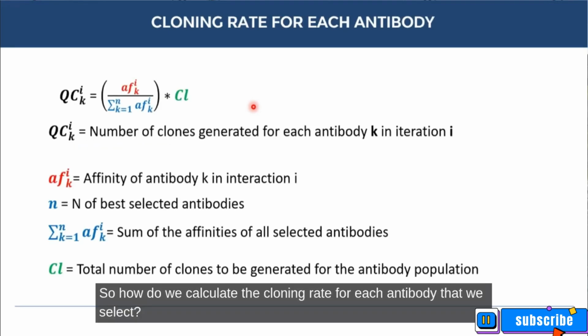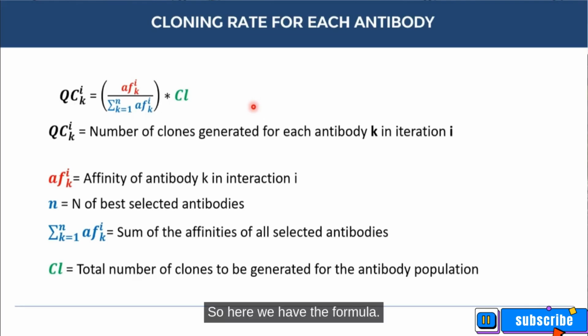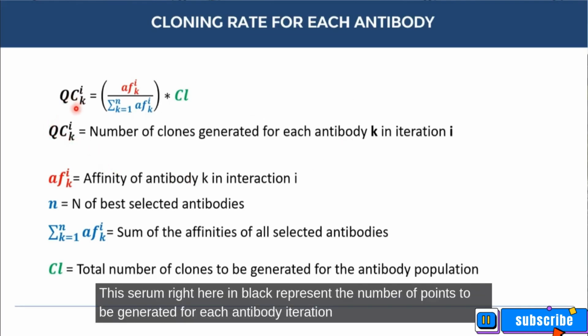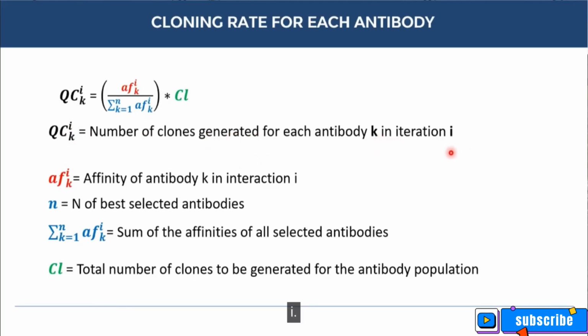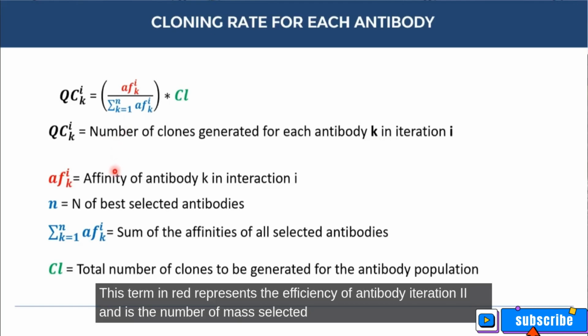So how do we calculate the cloning rate for each antibody that we select? So here we have the formula. This term right here in black represents the number of clones to be generated for each antibody K in iteration I. This term in red represents the affinity of antibody K in iteration I. N is the number of best selected antibodies.